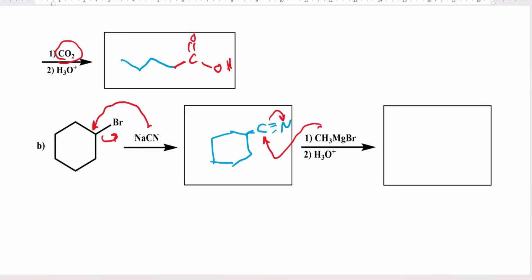So we expect to have a C double bond N and a CH3, and this N should be negative. When we add acid, instead of having NH, we will have oxygen, because the imine under acidic condition is not stable and it can convert to a carbonyl group.